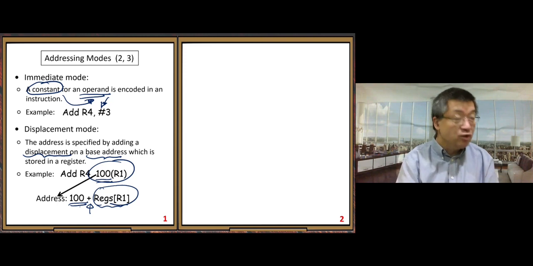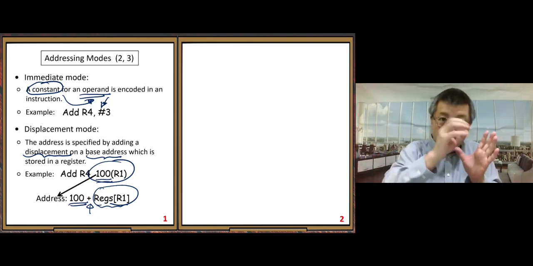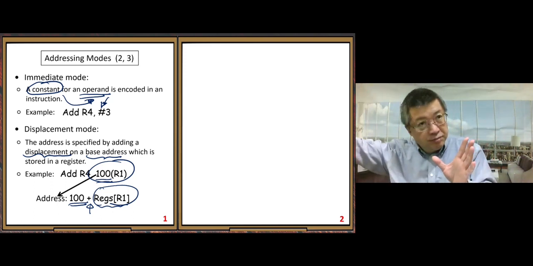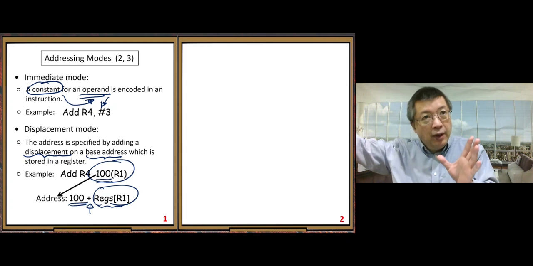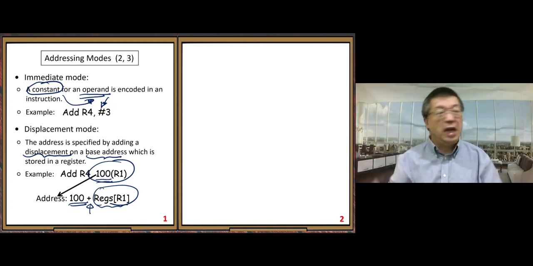This 100 means 100 bytes in the main memory. So you move the cursor another 100 bytes forward, then you get the address of your operand. That is the displacement mode.